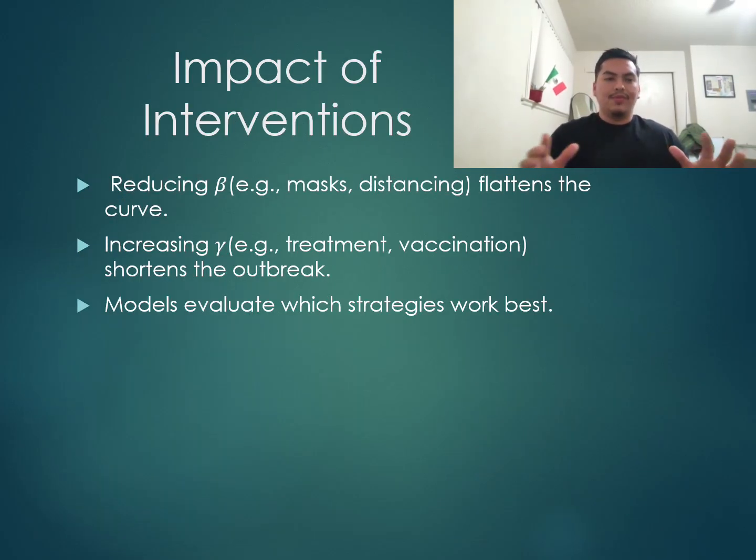So we saw just with that graph how we were able to picture it and include mandates, mask wearing, social distancing, treatment, vaccinations, and how that can shorten a history of disease or the livelihood time of a disease.